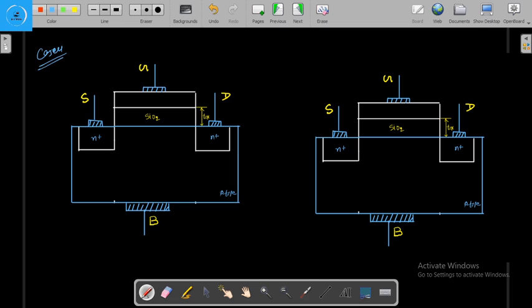where we are applying a small positive voltage at the gate.